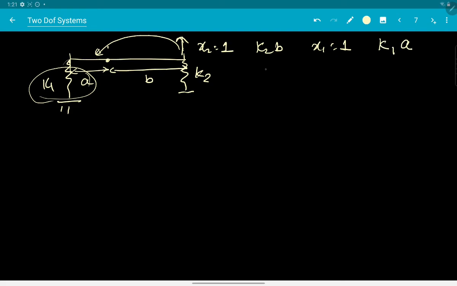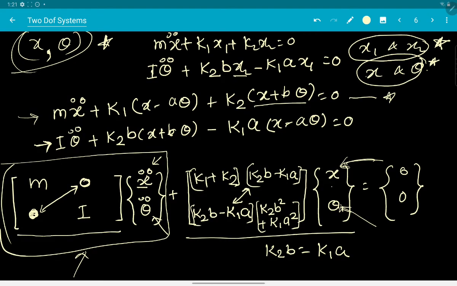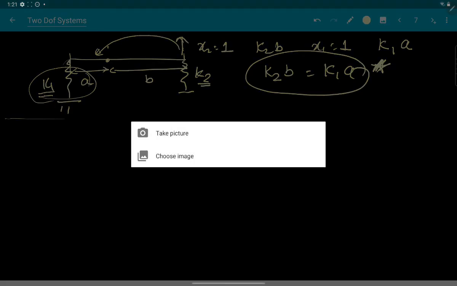And if these two torques are identical, that is if k2b is equal to k1a, then obviously you are not getting any coupling. Okay, so if you choose the spring stiffnesses in such a way that k1a happens to be equal to k2b, then there is no coupling at all. This mass matrix is anyway decoupled, because it has no non-zero term sitting at the off diagonal places. And if you happen to choose k2b equal to k1a, then these off diagonal terms in the stiffness matrix will also go, and you will be left with only the diagonal terms.